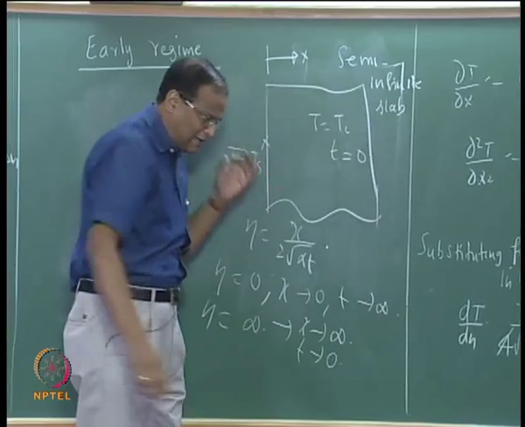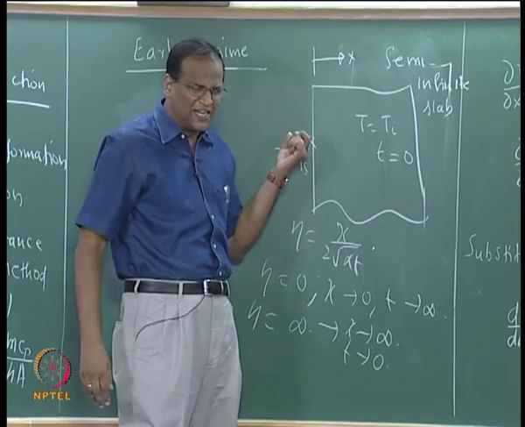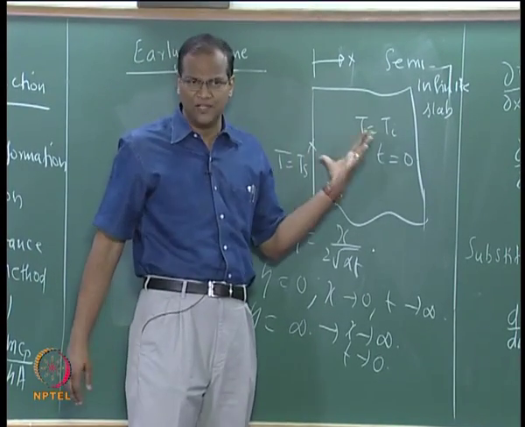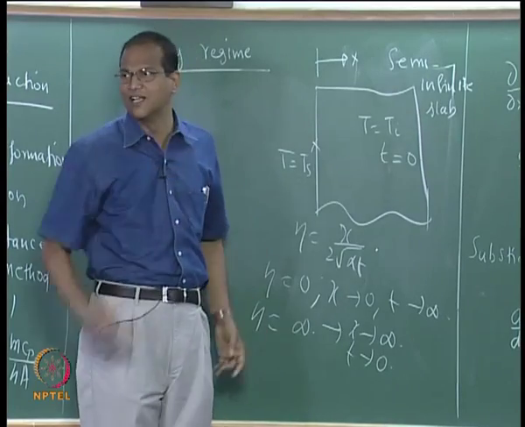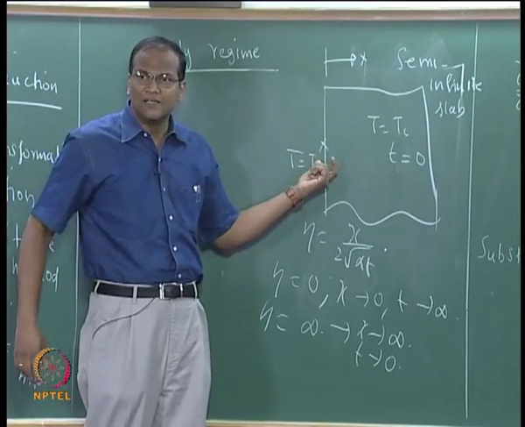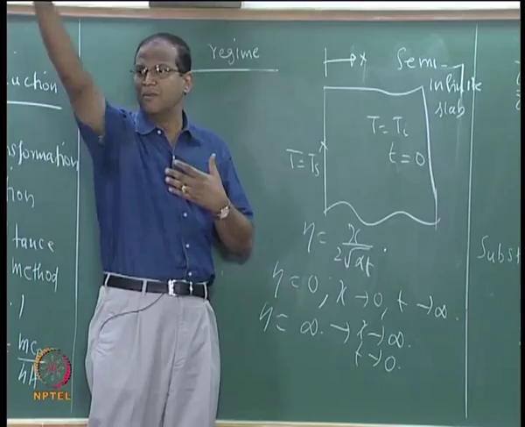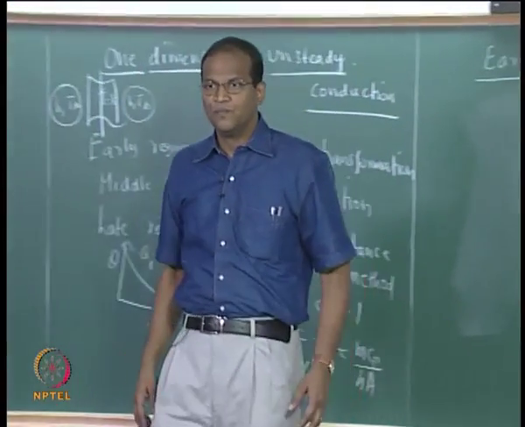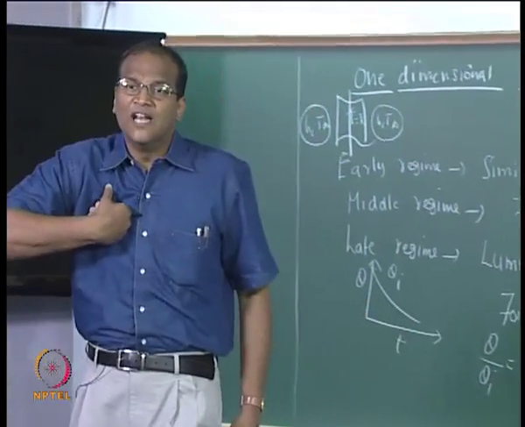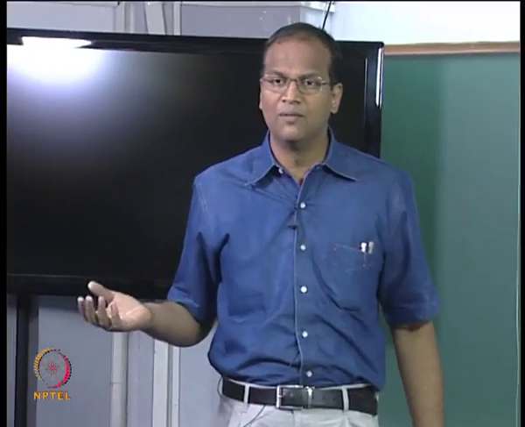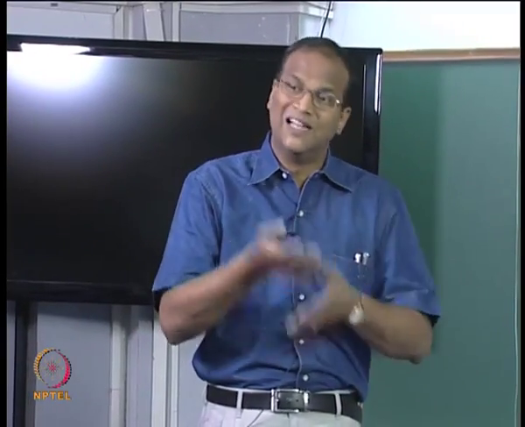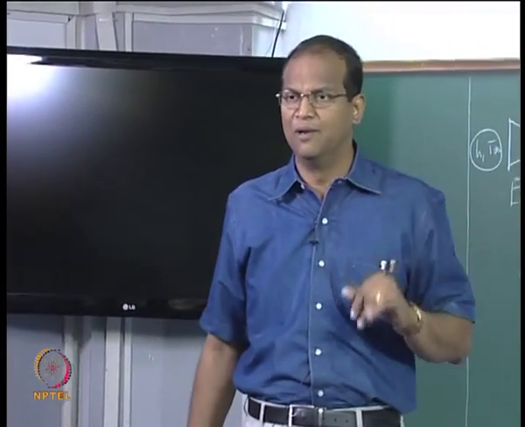At a given time, the penetration depth delta is much smaller compared to the L. That is why it is called semi-infinite in extent. This delta, the penetration thickness, may be 5 mm, the slab may be 30 centimeters long. That means 29.5 centimeters of the slab does not know that there is a disturbance at the first 5 millimeters.